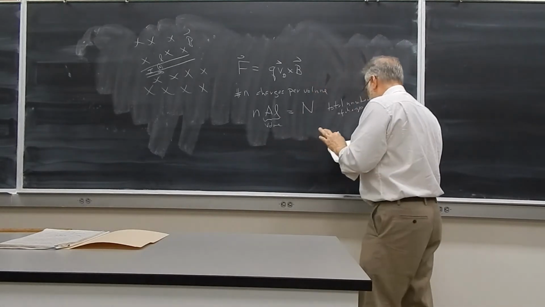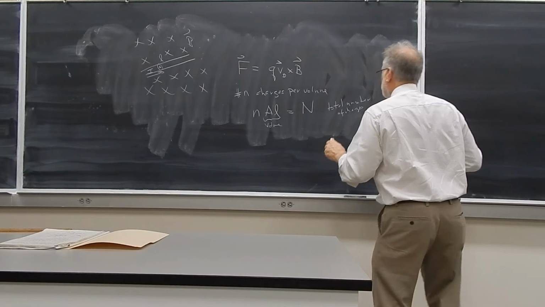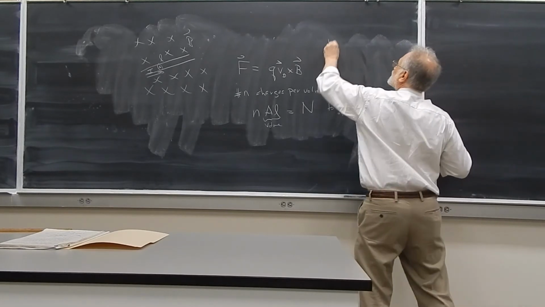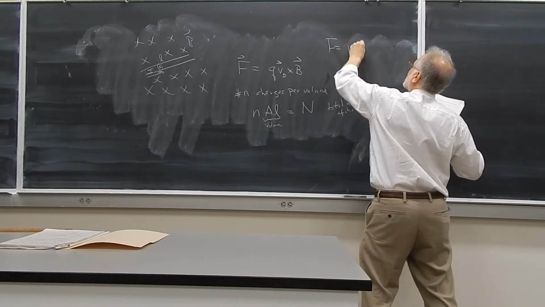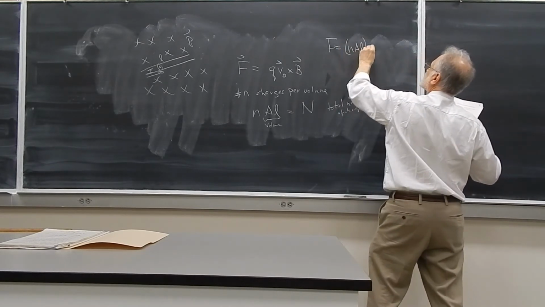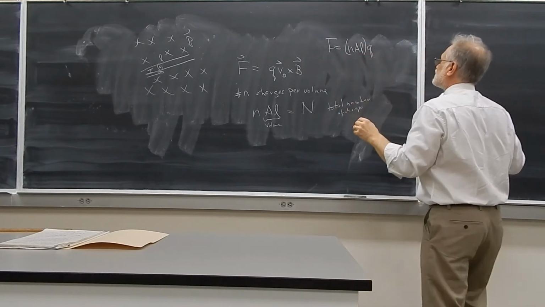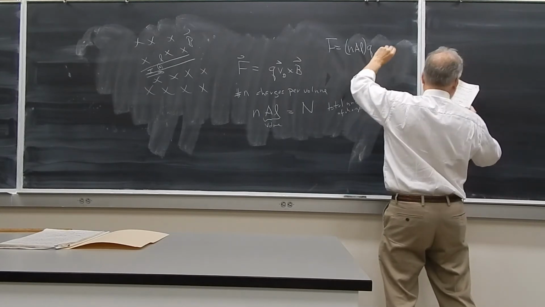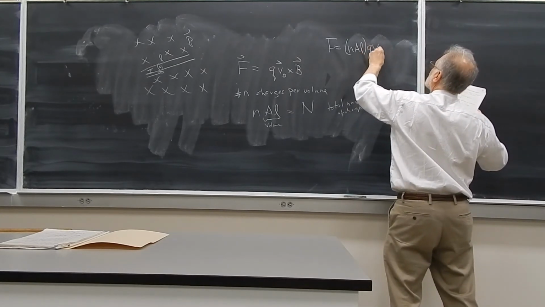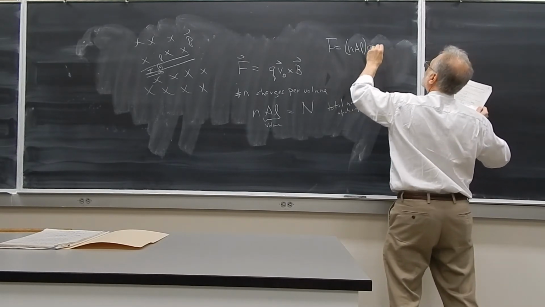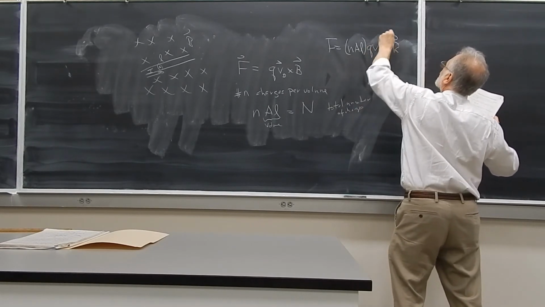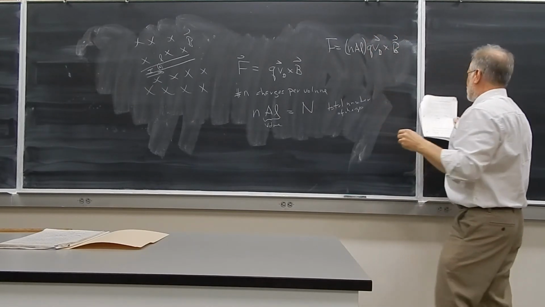This means that if I have a force on the wire, it's going to be equal to N times A times L, the number of charges, times the charge of each charge, times the drift velocity across the magnetic field.